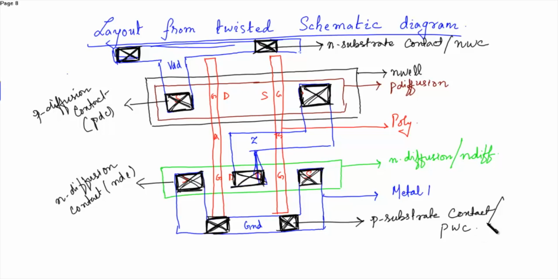So this is the layout of a two input NOR gate that is drawn from the transistor schematic diagram.